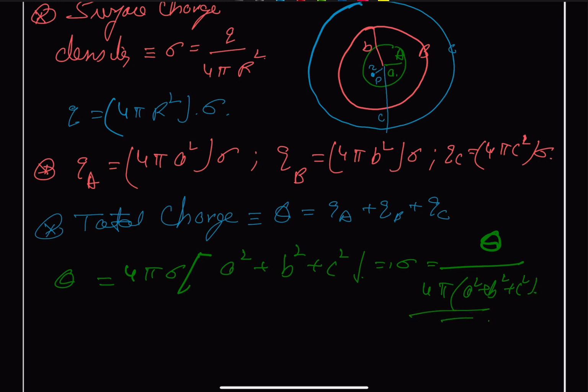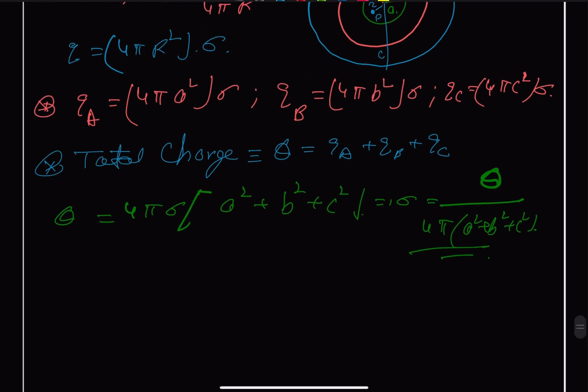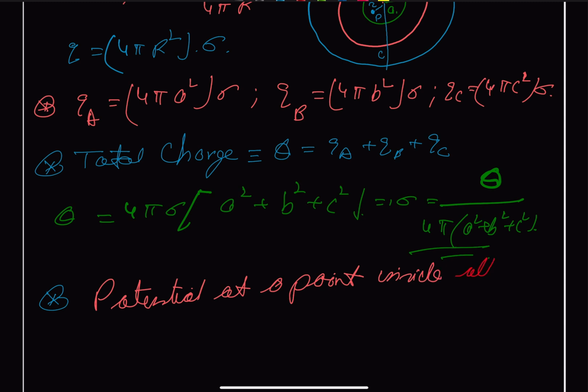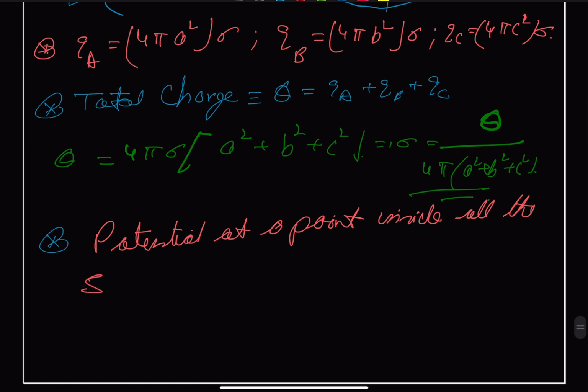Now the point is inside all the shells. Okay. So we know that the potential at a point inside all the shells, for the condition where r is less than capital R, is the same as on its surface.